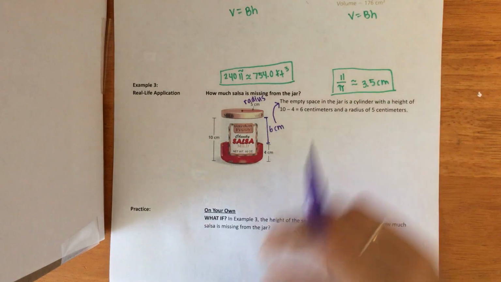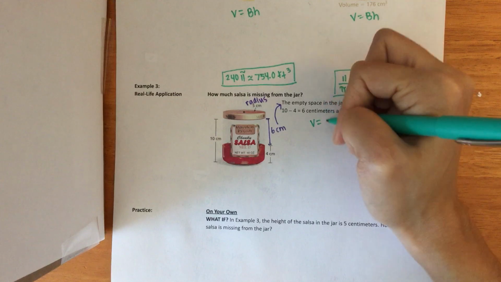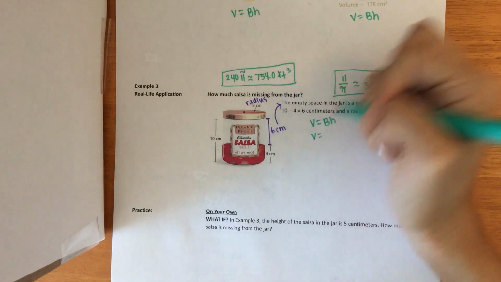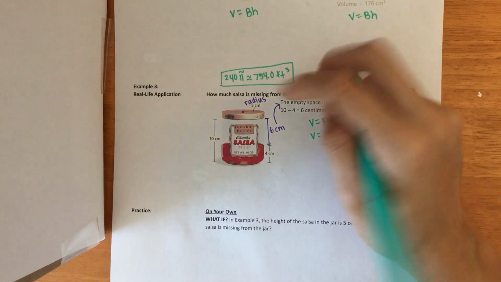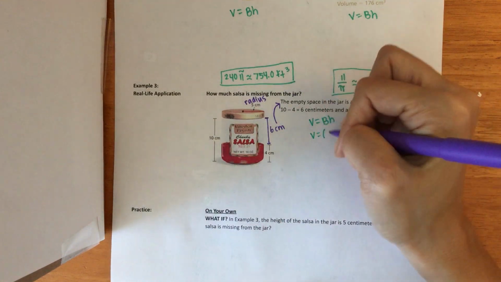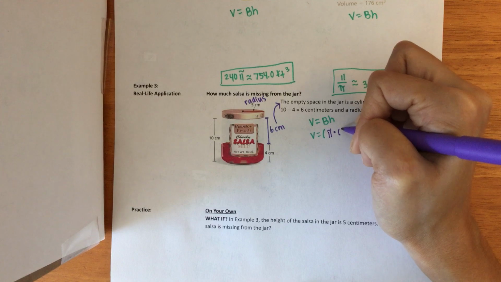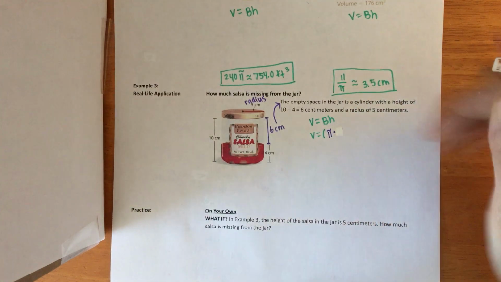So again, I'm going to use my handy dandy formula. Our volume equals area of our base times our height. So let's input our information here. We have our area of a base is a circle, so I'm going to input pi times our radius, which is 5. Okay.